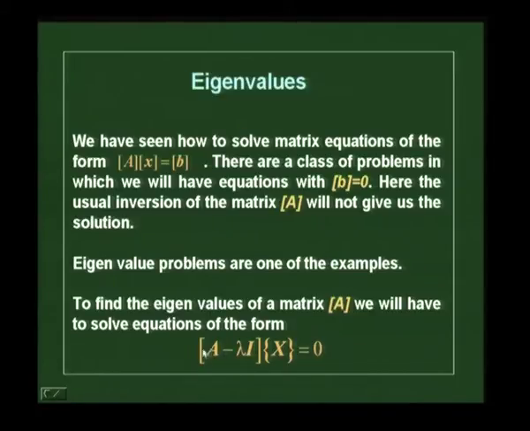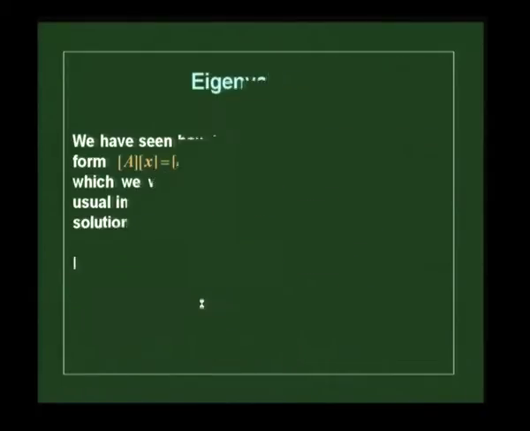That is the condition we use to determine the eigenvalues λ. So there are situations in which Ax = b kind of equations can have non-trivial solutions, that is solutions different from x = 0, provided the determinant of A equals 0. That is what we want to look at.